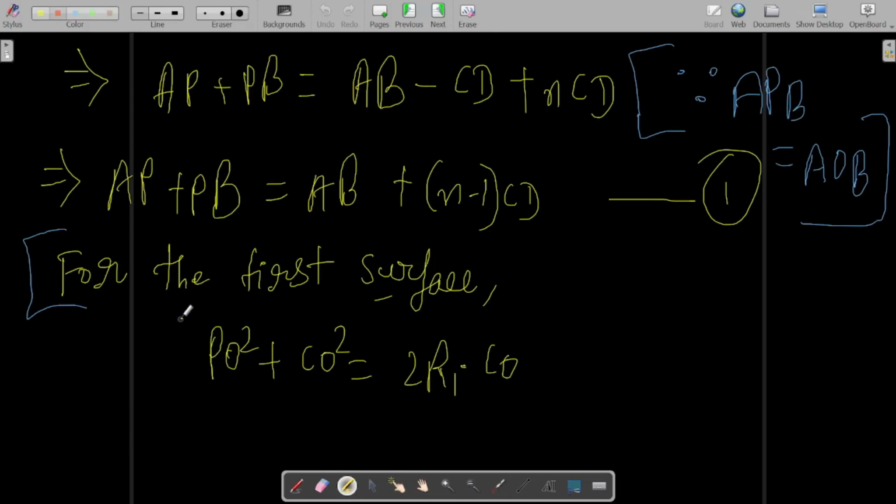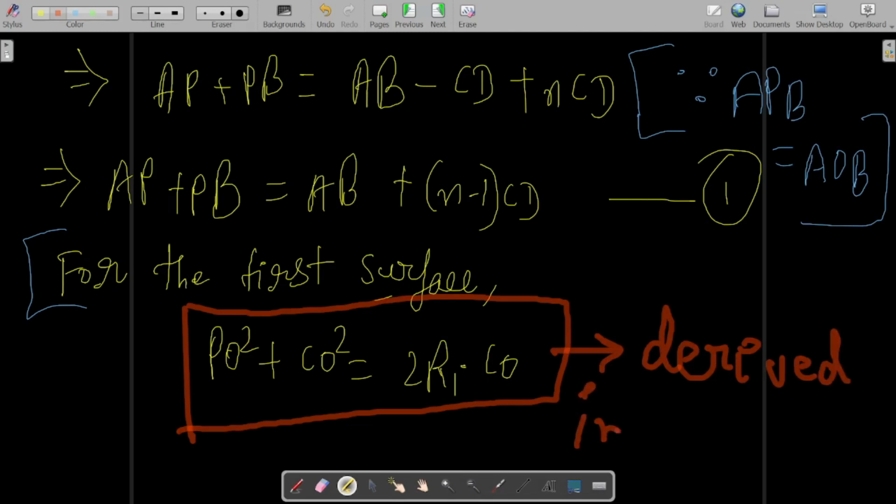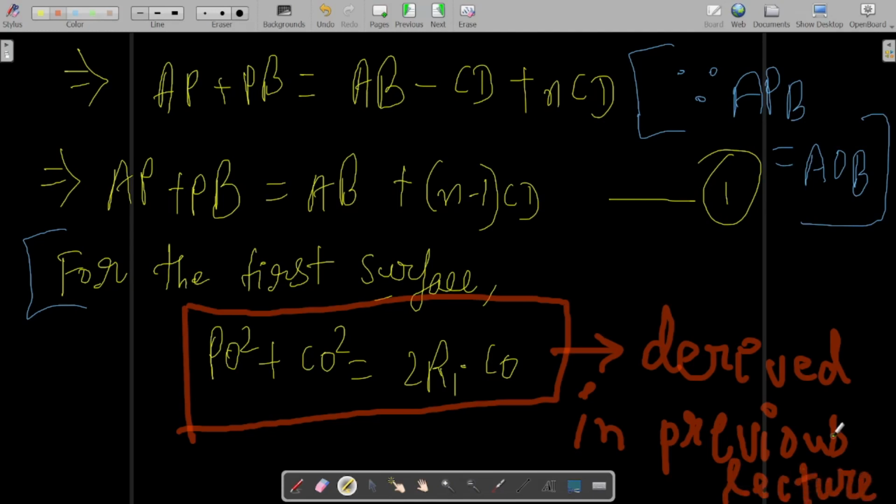Now, if you do not understand this particular thing, this has already been derived in the previous lecture, when we were deriving the mirror formula.